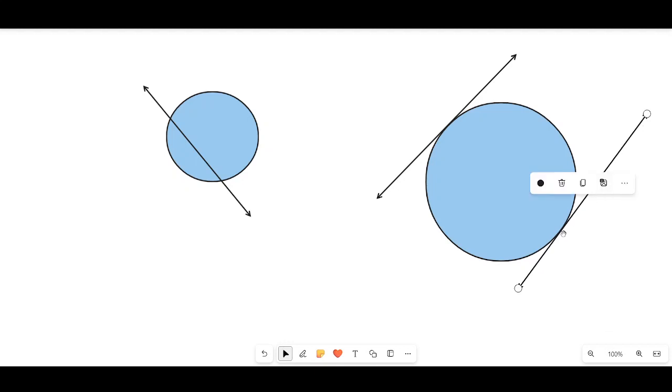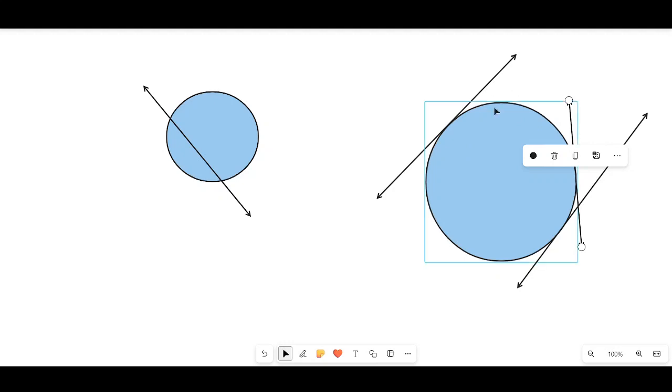These lines are parallel, and if you try to draw any other line, it will not be parallel to these. So we can draw only two parallel lines to the circle which will be tangents.